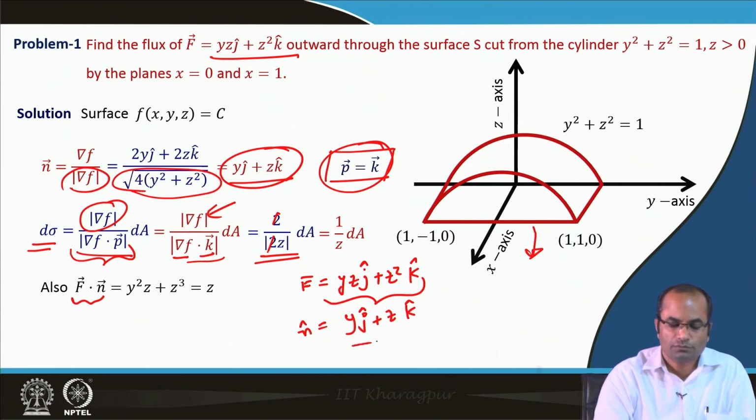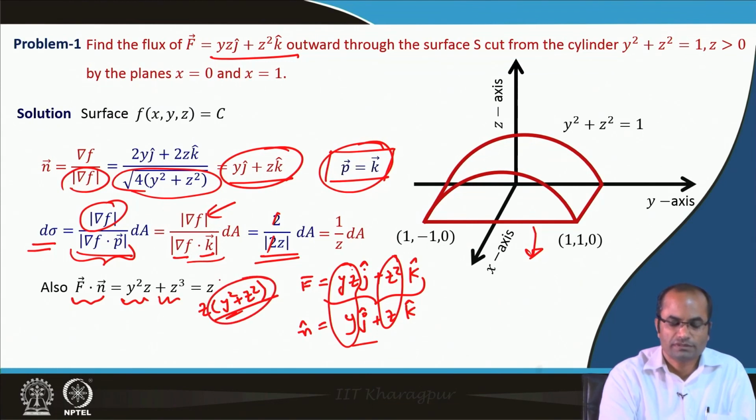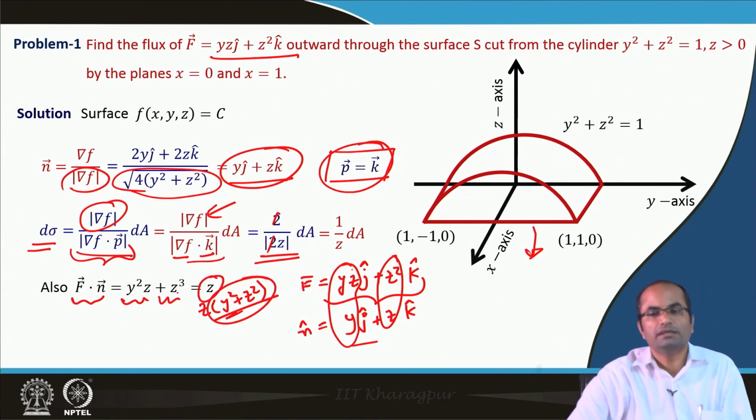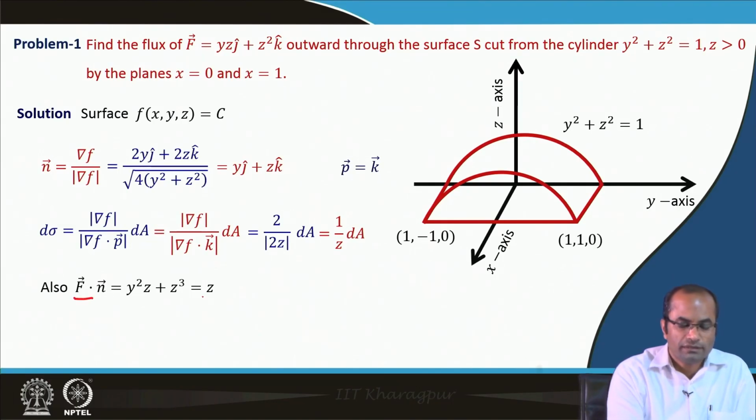If we take the dot product, we have y square z, and here we have z cube. If we take z common, we have y square plus z square, and on the surface y square plus z square is 1. So, we have simply z there. Having this f dot n as z, and d sigma is also given.